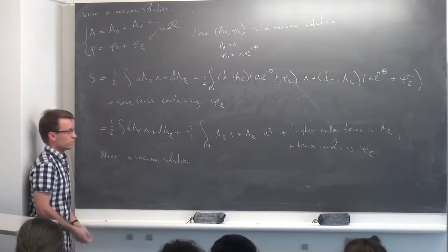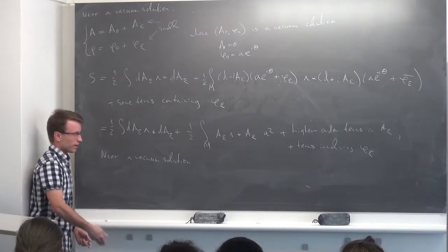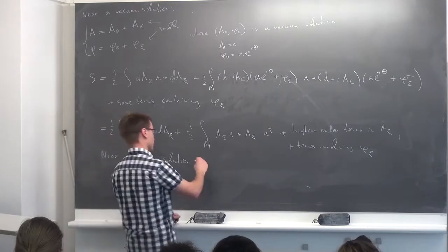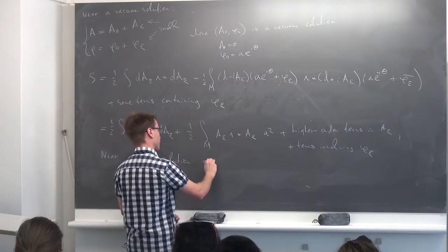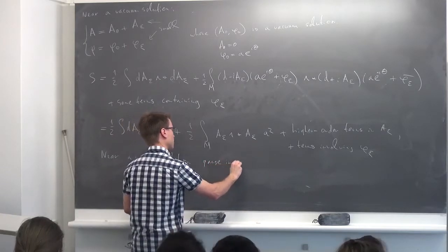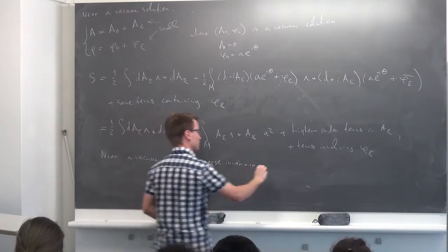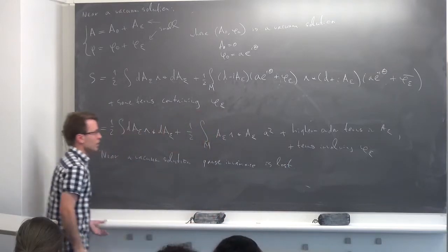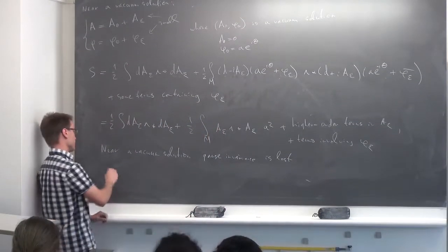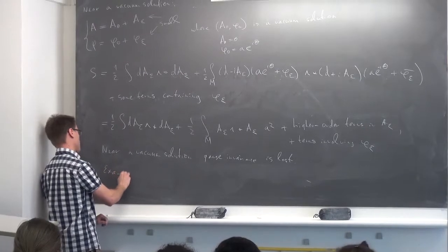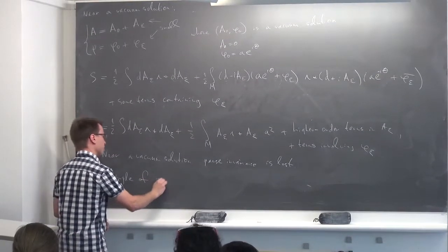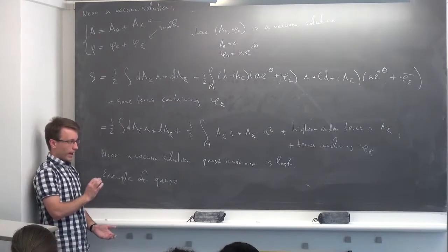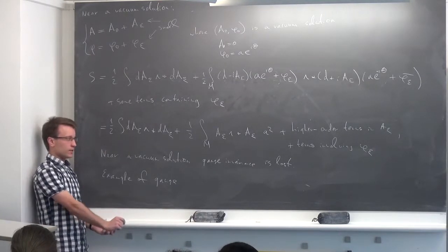If you add d theta, then this is not going to be preserved. And this is an example of gauge symmetry breaking. So even though you have a gauge theory, near a vacuum solution, the gauge symmetry is lost.